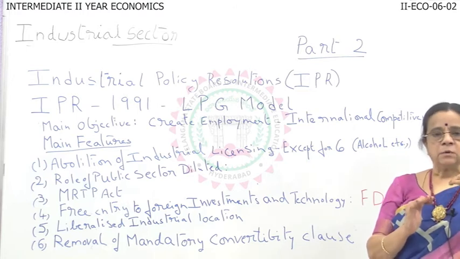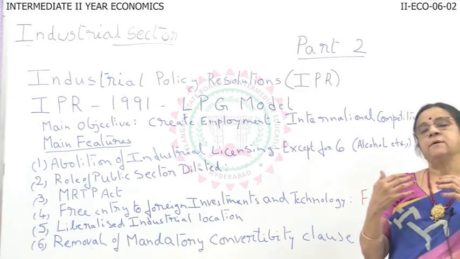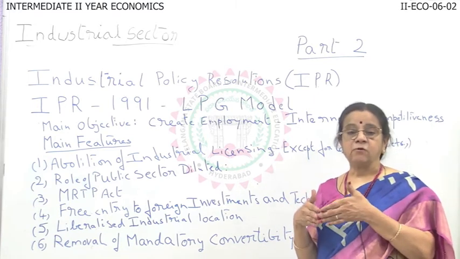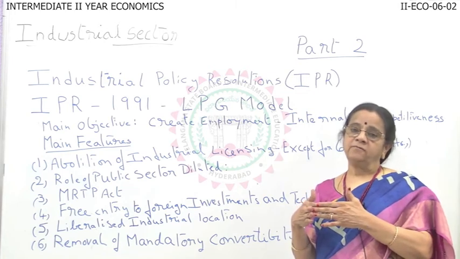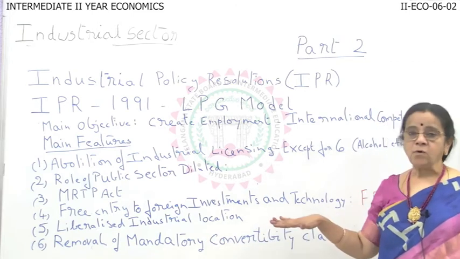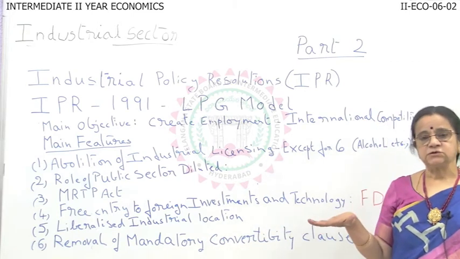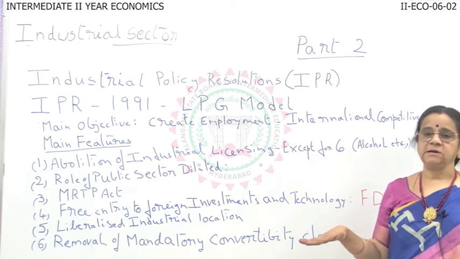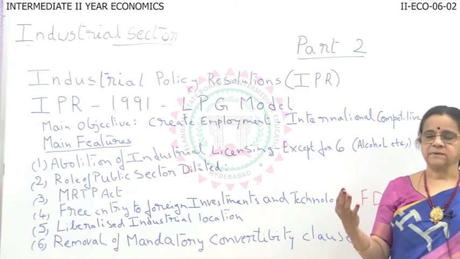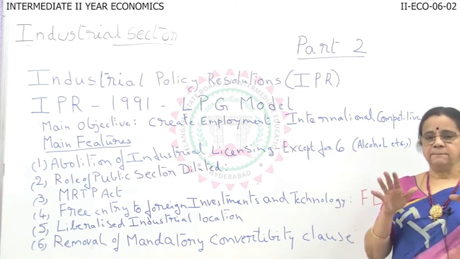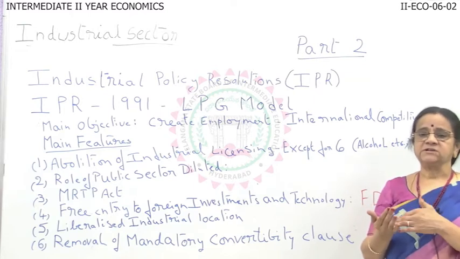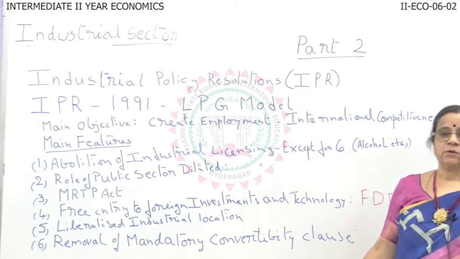That means financial institutions were participating in the equity of the companies, thereby getting involved in the running of private enterprises. But now this clause was removed. The financial institutions do not hold equity based on loans in the company. So, the companies are not restricted by the presence of financial institutions henceforth.